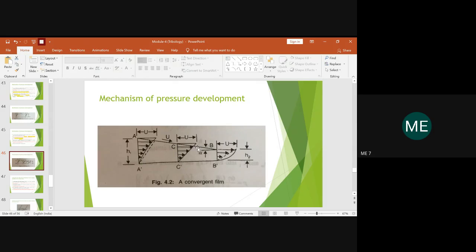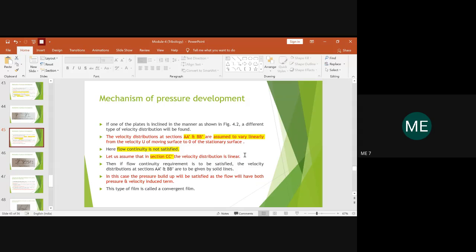Here also it is assumed that the velocity is varying linearly only, and hence in the velocity diagram you will show a linear variation of the velocity. This is one more assumption which has been taken.